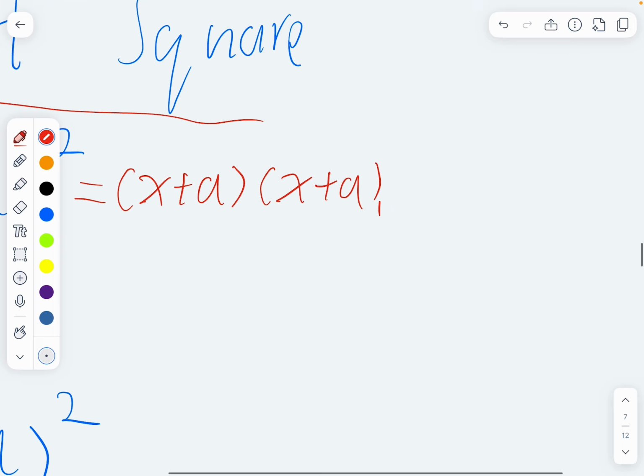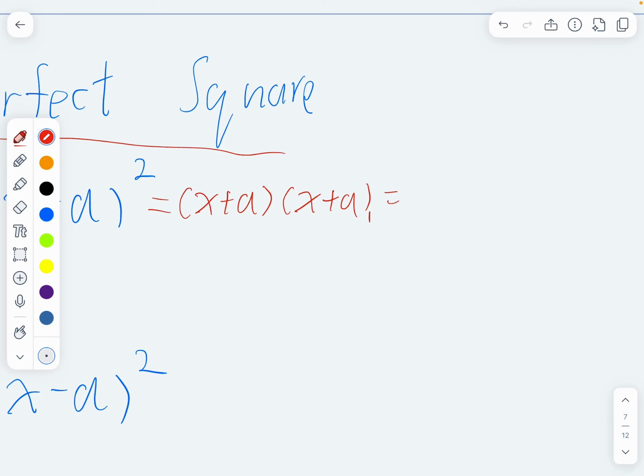The next step we can calculate it. x squared plus a times x, plus ax plus a squared. We can put a squared together.